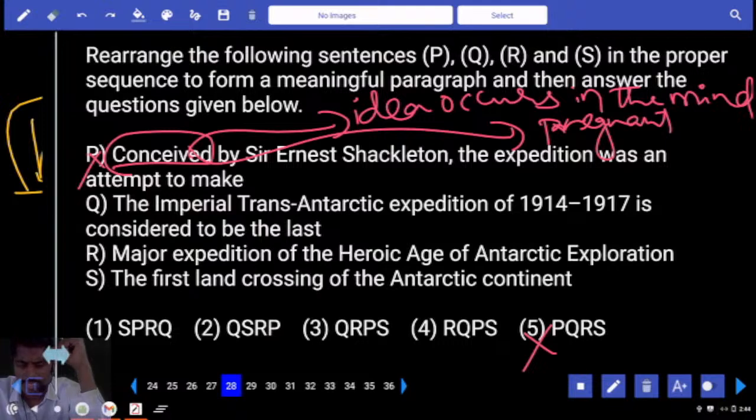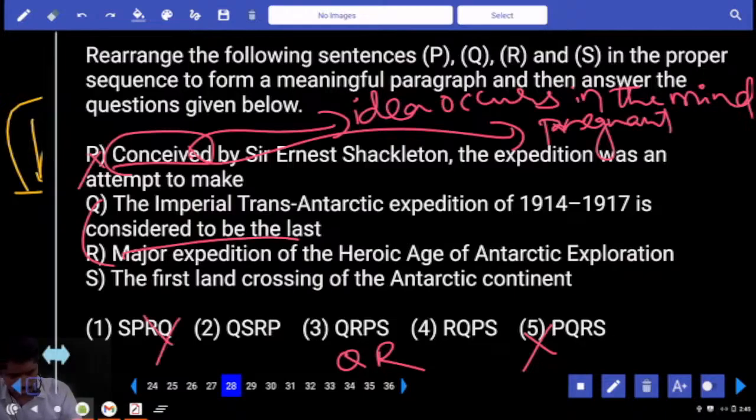The Imperial Transatlantic Expedition of 1914-1917 is considered to be the last major expedition. Can I combine QR? The Imperial Transatlantic Expedition of 1914-1917 is considered to be the last major expedition of the heroic age of Antarctic exploration.